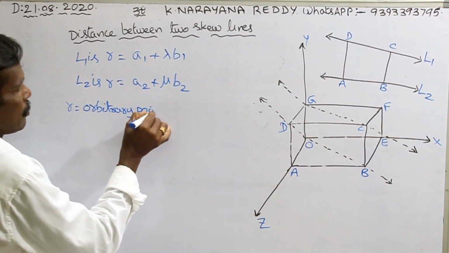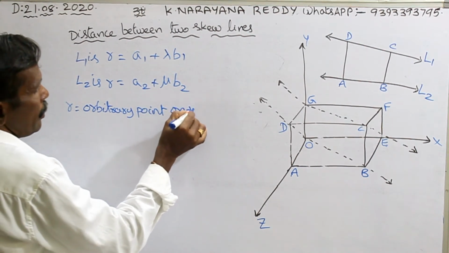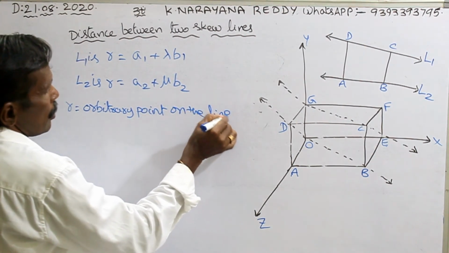Arbitrary point on the line. Arbitrary means a particular point.